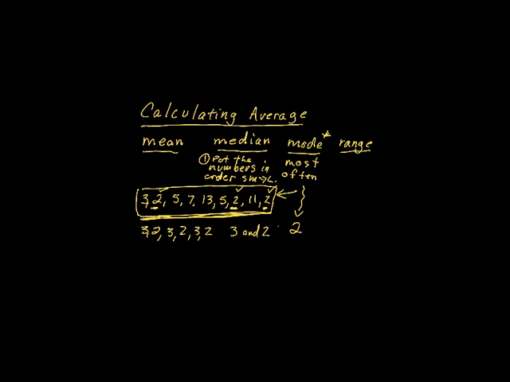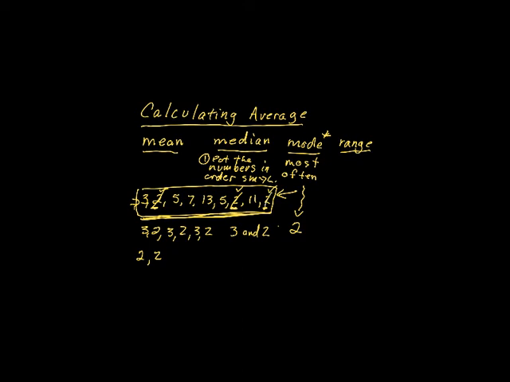So if I'm looking at this set of numbers here, I'm going to put them in order from smallest to largest. I don't have 1, so I have a 2. That's that 2. And then I put 2 again.